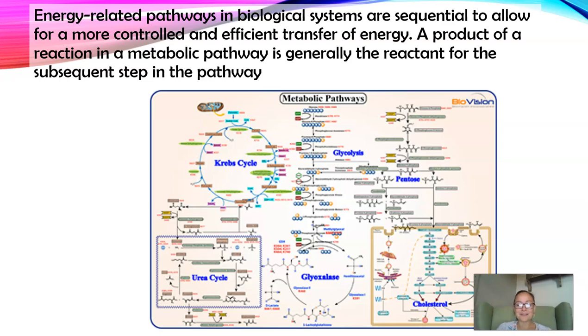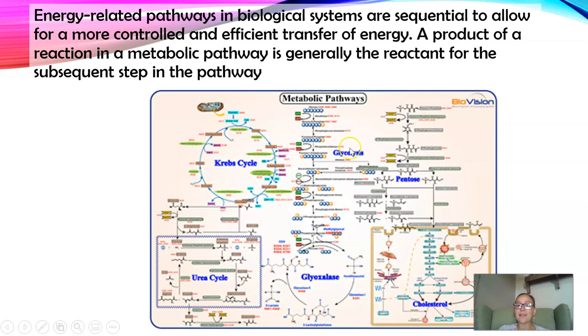Okay, so let's go ahead and look at energy-related pathways. That can be super complicated, but I love this picture because it shows different metabolic pathways. A pathway is basically a series of steps, a sequential, controlled series of reactions, all using enzymes. It is an efficient way to transfer energy, so that we don't spontaneously combust.